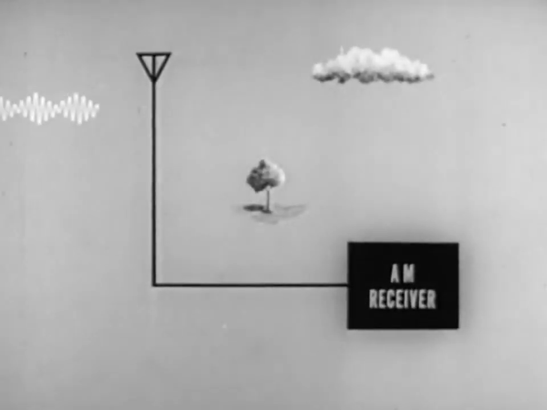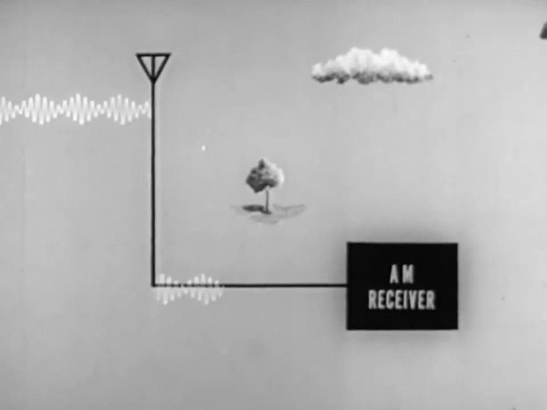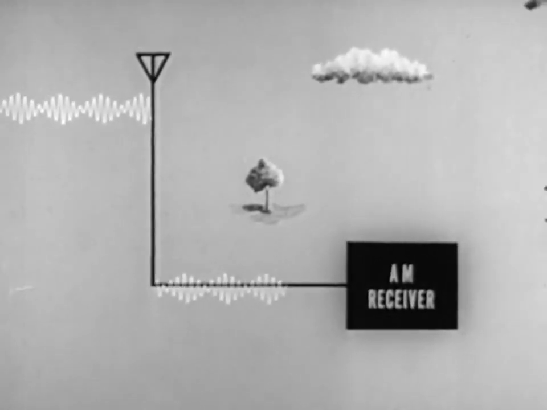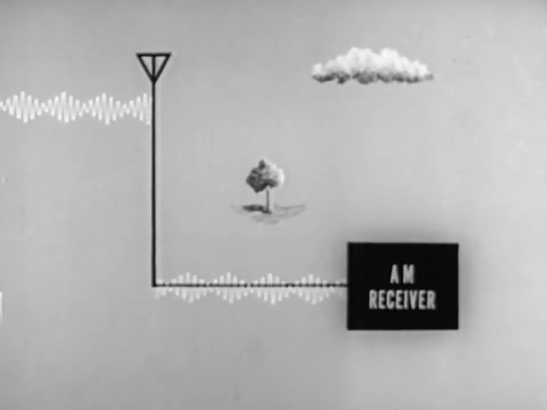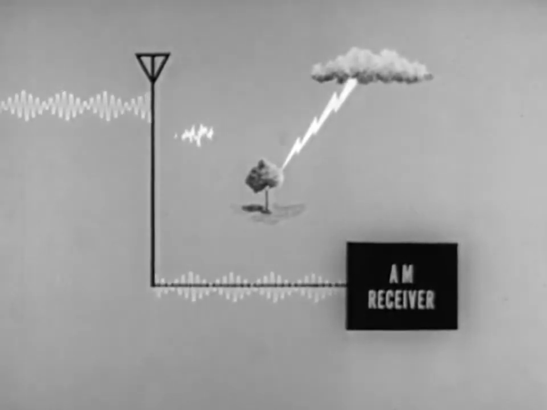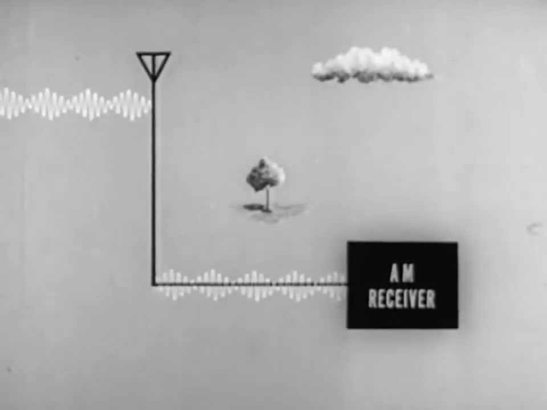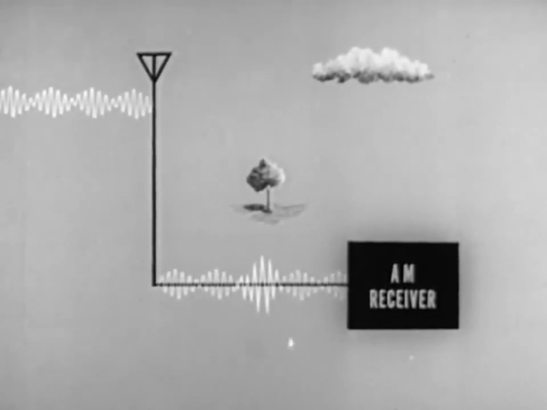to the receiving antenna. Once the signal has left the antenna, however, it can be affected by many disturbances. For example, one such disturbance can be lightning. Let's freeze the signal at the receiver antenna and see what the interference has done to it.